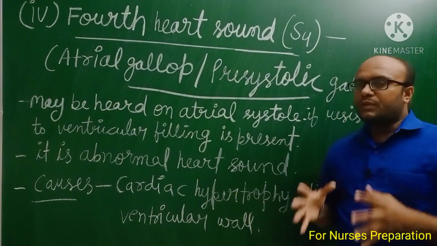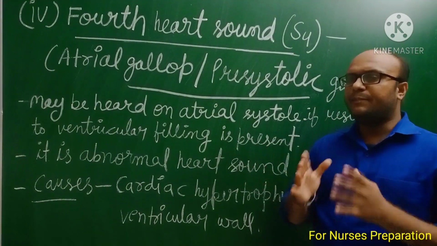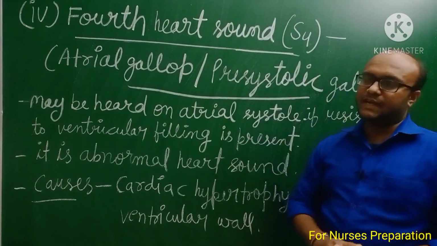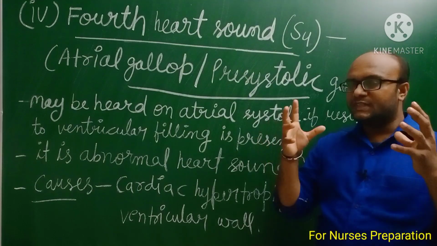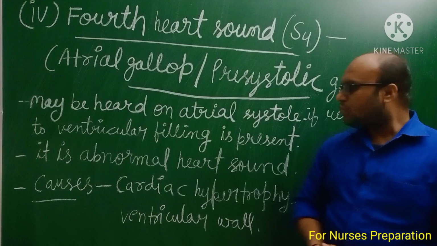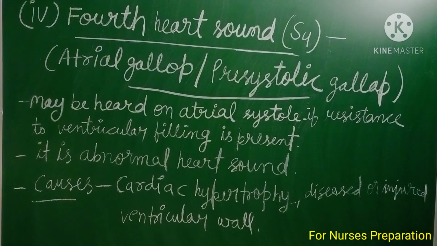Cardiac hypertrophy means cardiac cell size increases. Hypertrophy means increase in size, and hyperplasia means the number of cells increases. So there is an increase in the cardiac cell size. This is an important cause of the S4 heart sound.